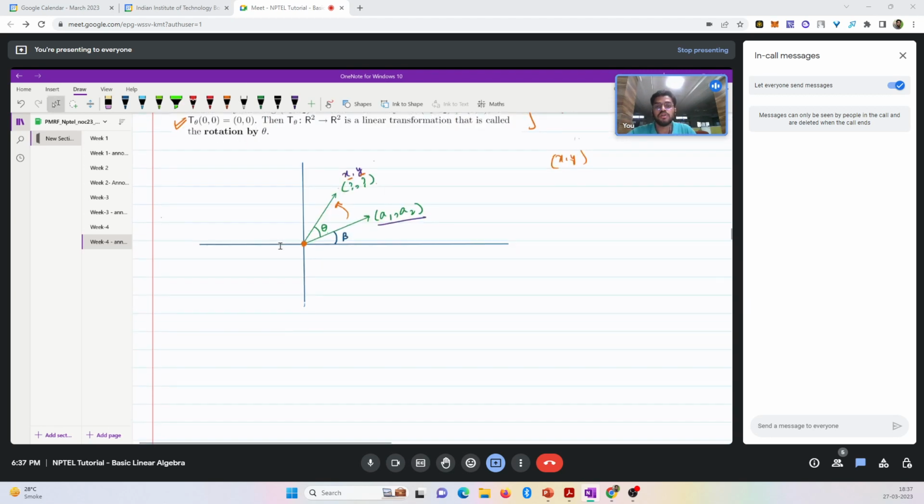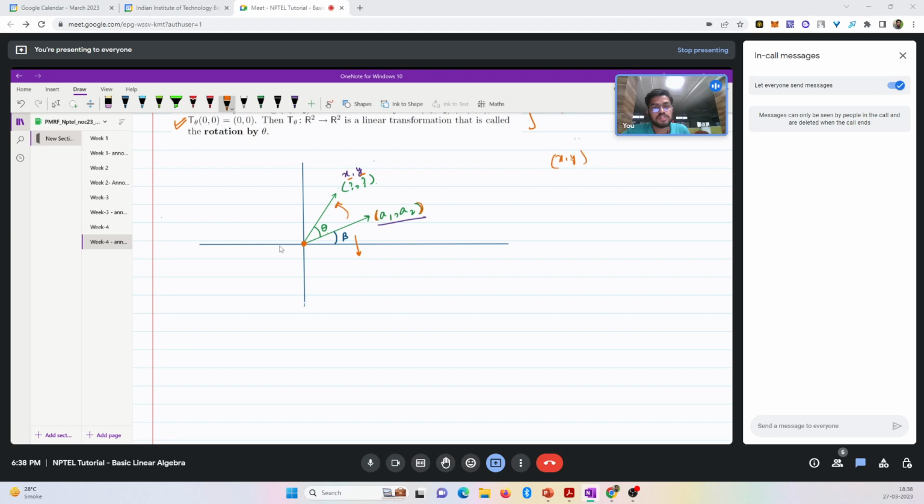Now, if you recall your geometry class, for any vector a1 comma a2, if you rotate it, then its length will remain constant, right? So if you are rotating, the length should not change.